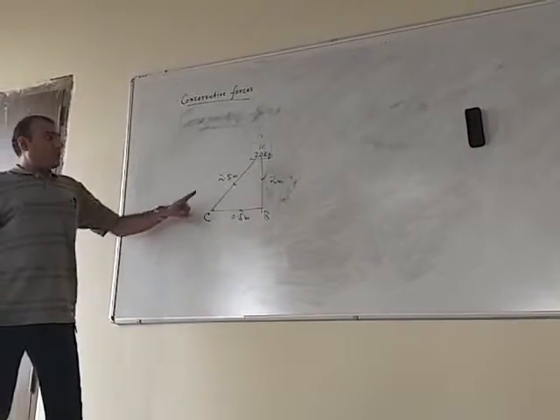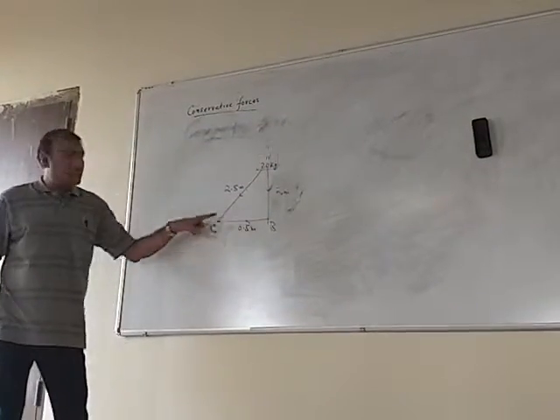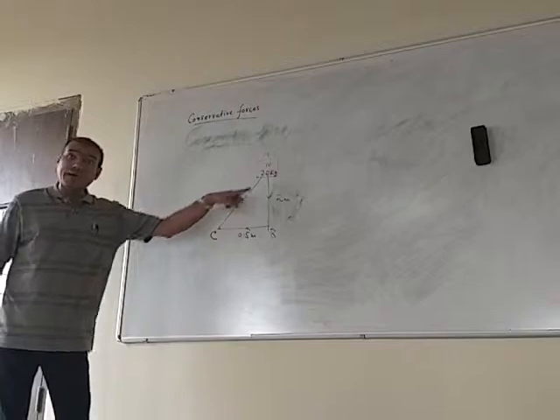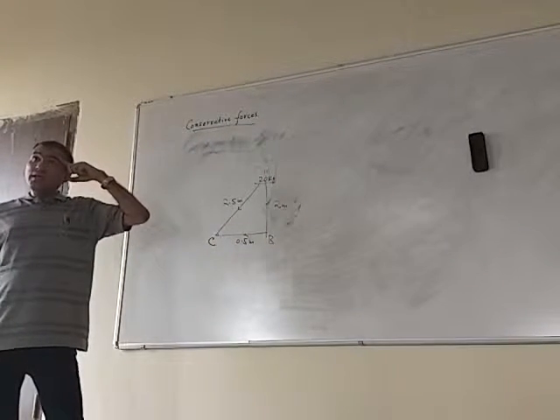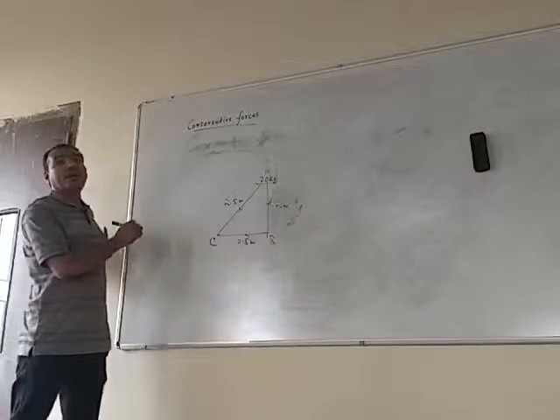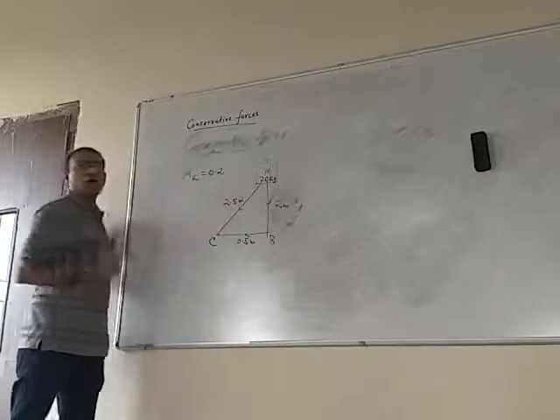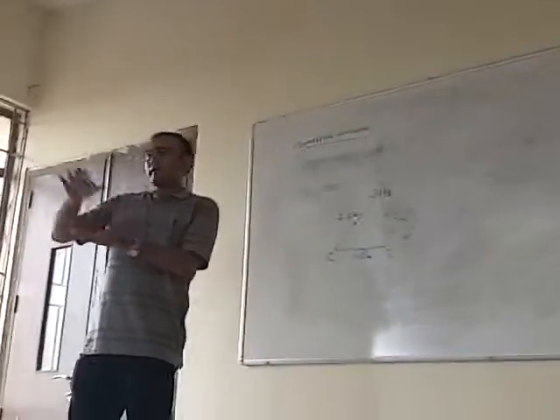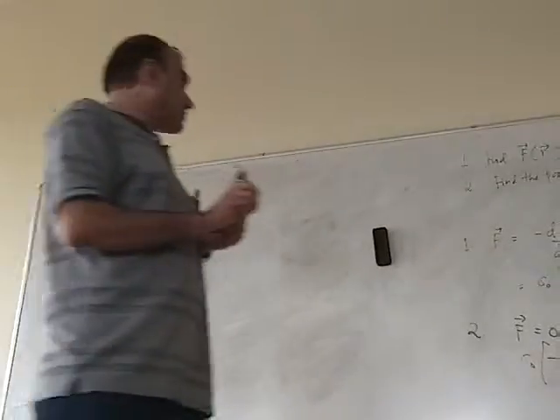Now, figure out whether these two paths, A to C via B and directly from A to C, give you the same work done due to friction, given that the coefficient of friction is 0.2 between the ground and the block surface. Okay.